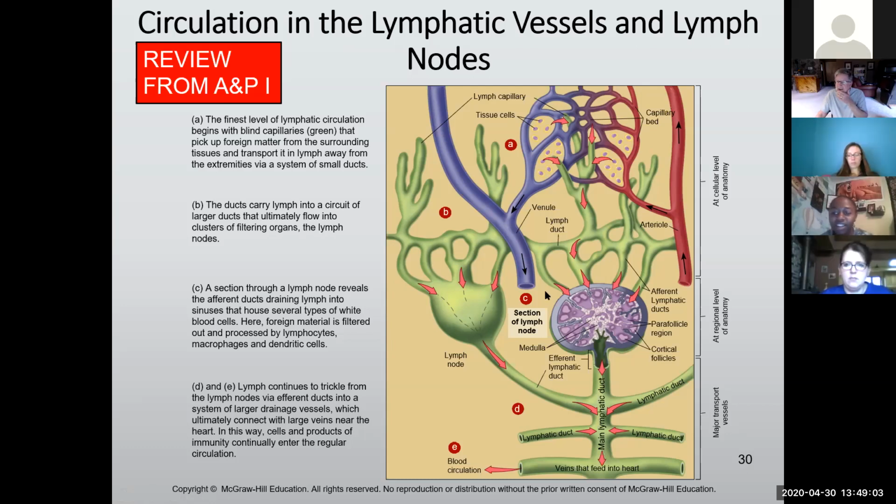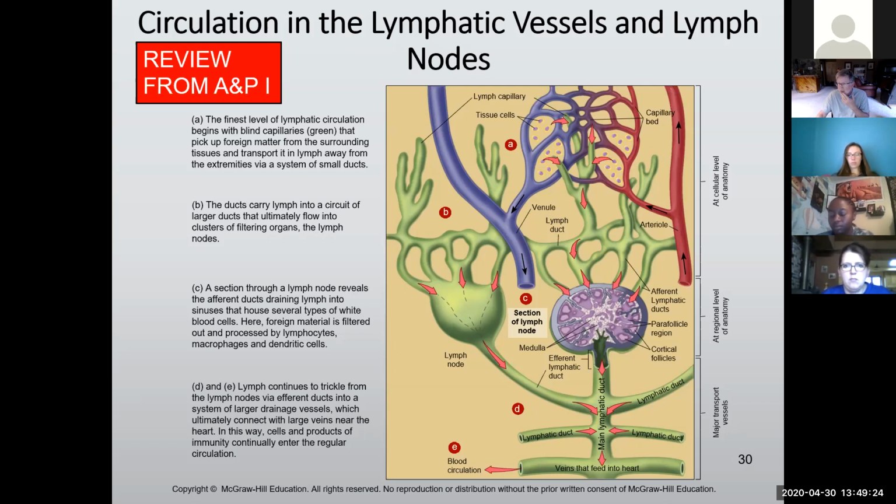Anyway, any idea what the lymph nodes are here for? They contain lymphocytes that fight off infections. Right, there are special white cells embedded within the node, and they are there to provide surveillance of the lymph.